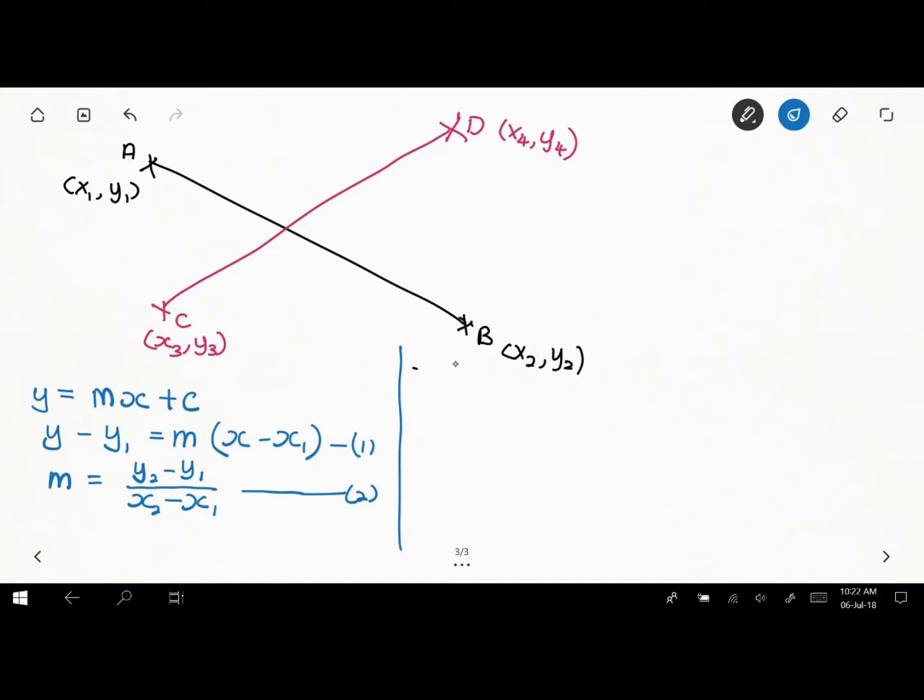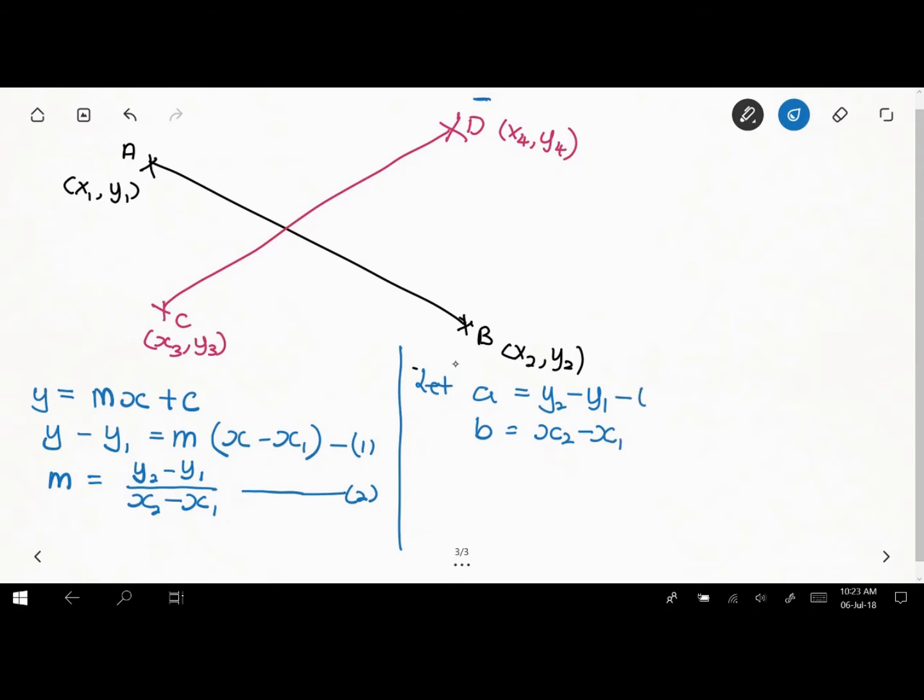From here, we can form an equation for a straight line. To keep things simple, we let A equal y2 minus y1, and we let B equal x2 minus x1.